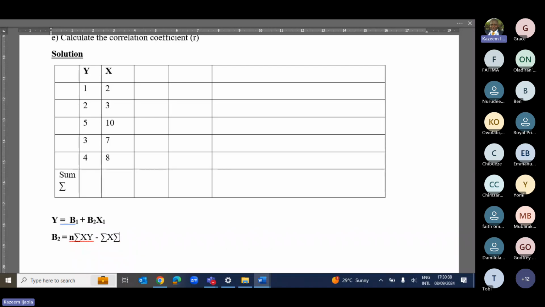Have you guys forgotten this thing that Professor Lover taught us? Then you now divide it by n summation x squared minus summation x, all squared.